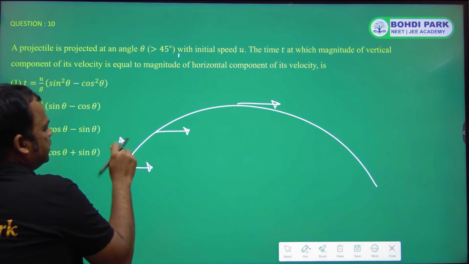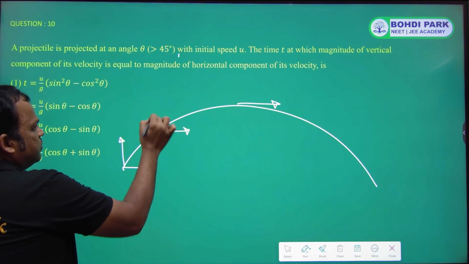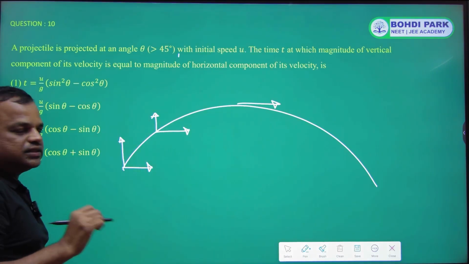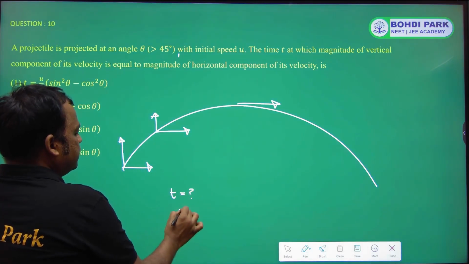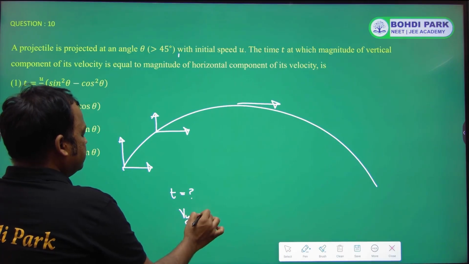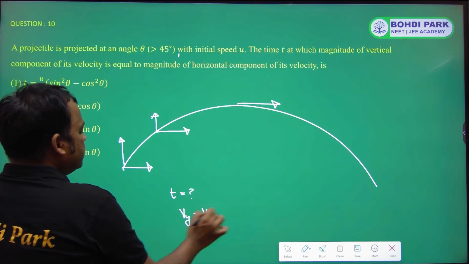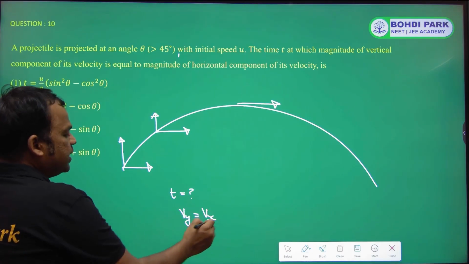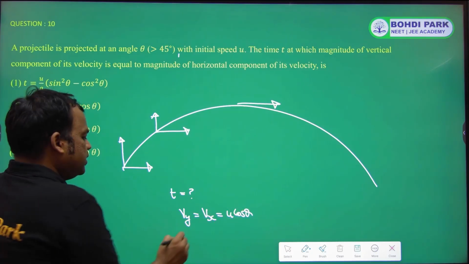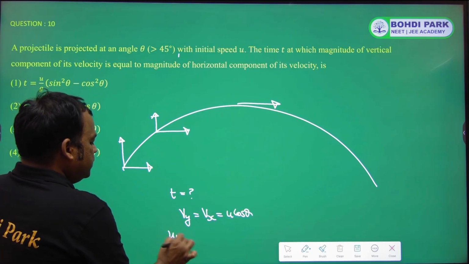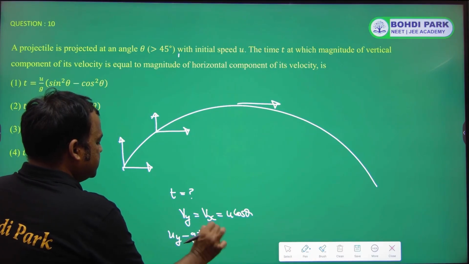So initial vertical component is more, after some time vertical component is less. So we have to find t when Vy becomes equal to Vx. Now Vx is always u cos theta and Vy is equal to uy minus gt.